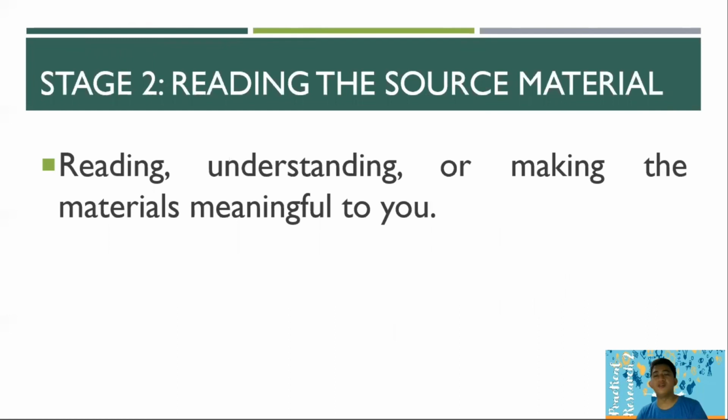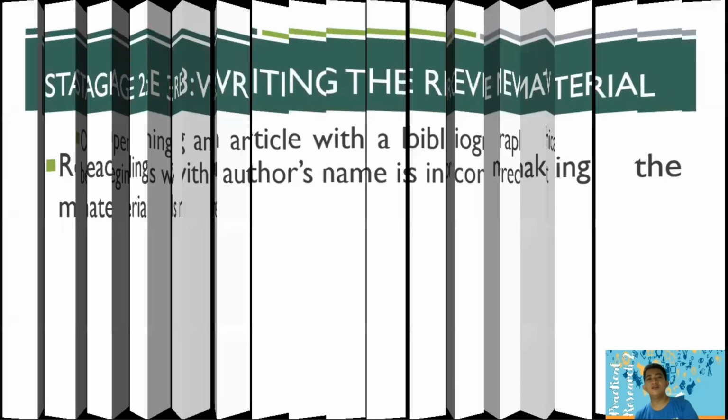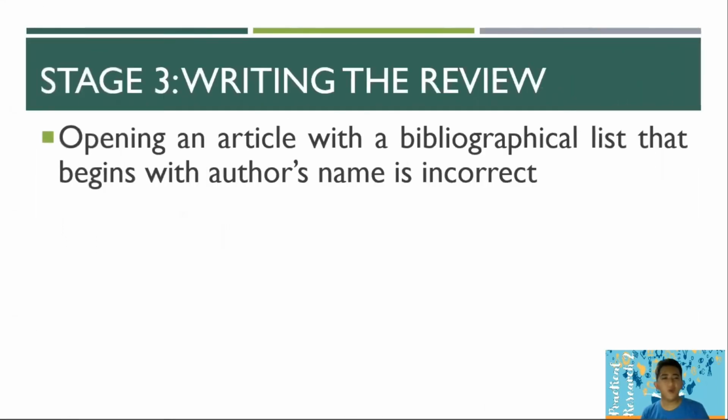This permits you to modify, construct, or reconstruct ideas based on certain principles, theory, pattern, method, or theme underlying your research. In order for us to come up with the best RRL, we need to understand what materials we are reading. Then the third stage, we now write our review.